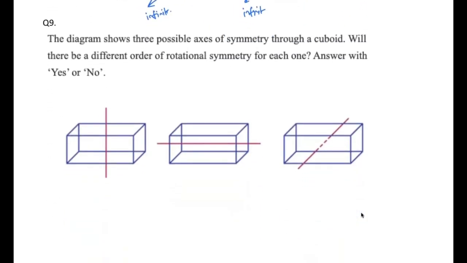The diagram shows 3 possible axes of symmetry through a cuboid. Will there be a different order of rotational symmetry for each one? If you consider this as your axis of symmetry, then the order of rotational symmetry is 2. If you consider this as your axis, the order of rotational symmetry is 2.